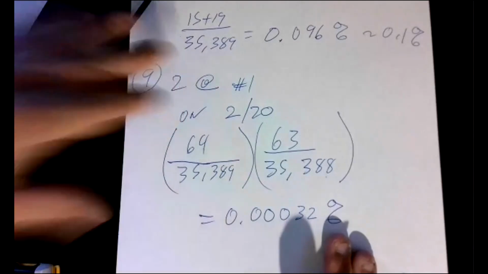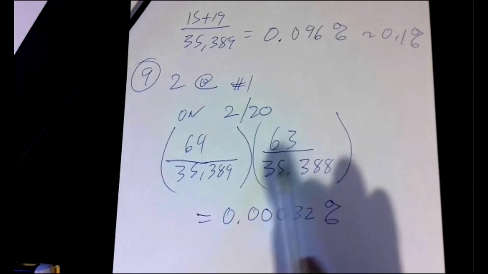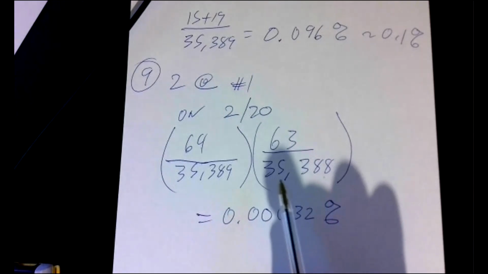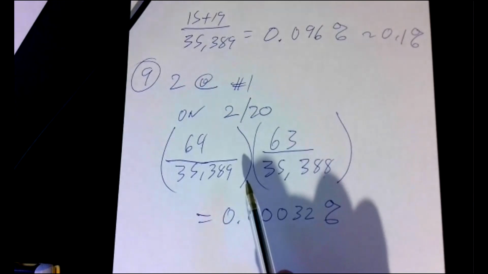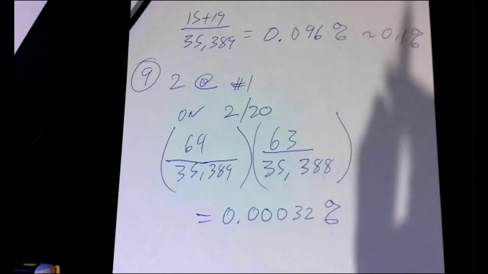A very small number. It's very unlikely because the sample size is so large. Out of 35,388 or 89 people, finding two people that have the same location and date is very unlikely.